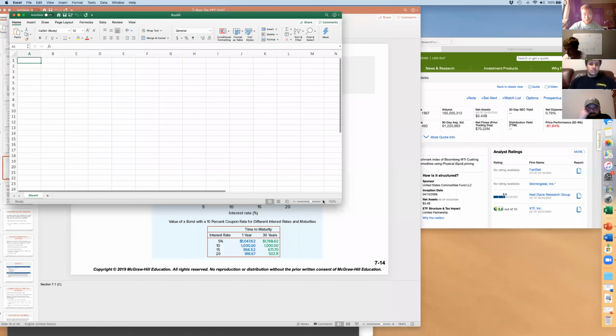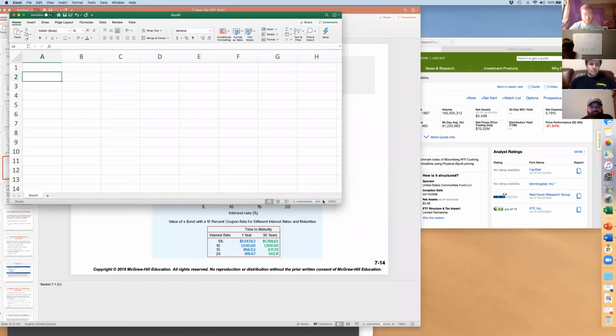Here's the possible rates, and this is the present value. So at 5%, 10%, 15%, and a possibility of 20%. All right, and then we're just going to calculate the present value for that bond.